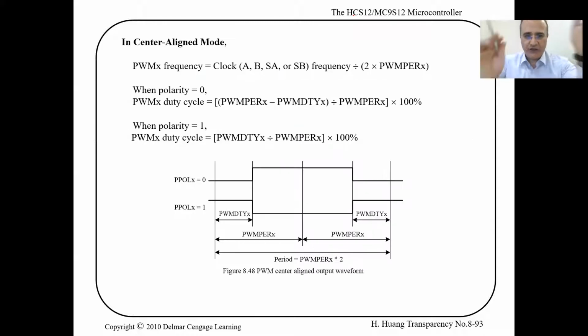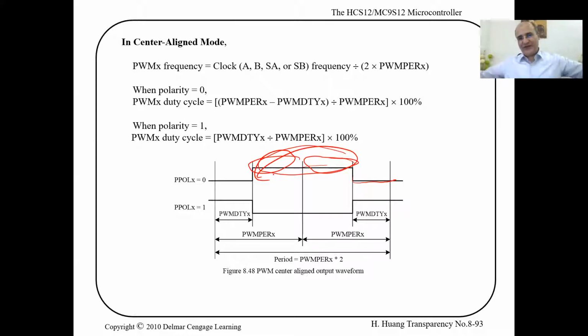In the center alignment, let me show you how it works. In the center alignment, you start the duty, you go high for the beginning of the period, and in the next period, you continue at the same level and do the duty. It will be as if you were combining the 2 remaining periods, and now you got the remaining of the period, but for the bigger signal it looks like it's the duty, right?